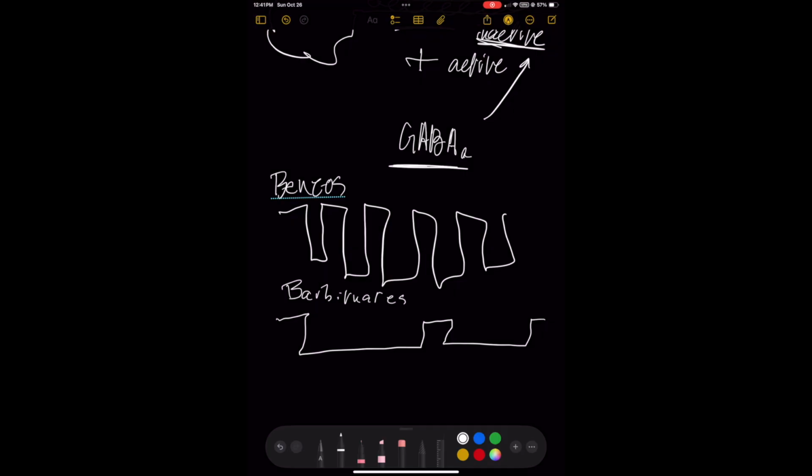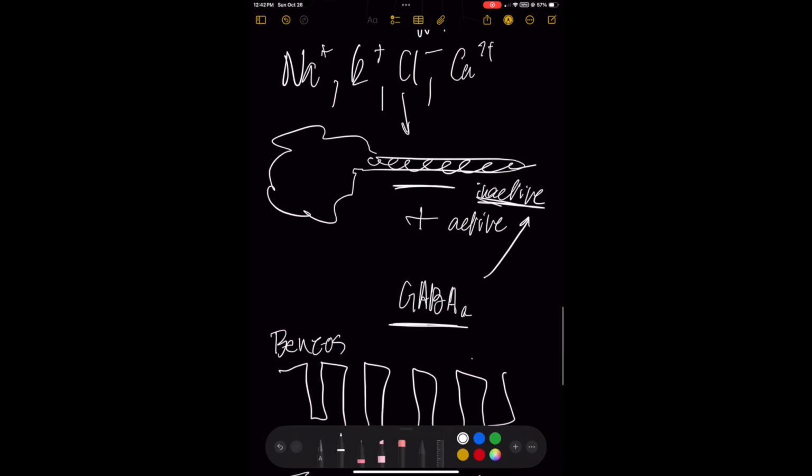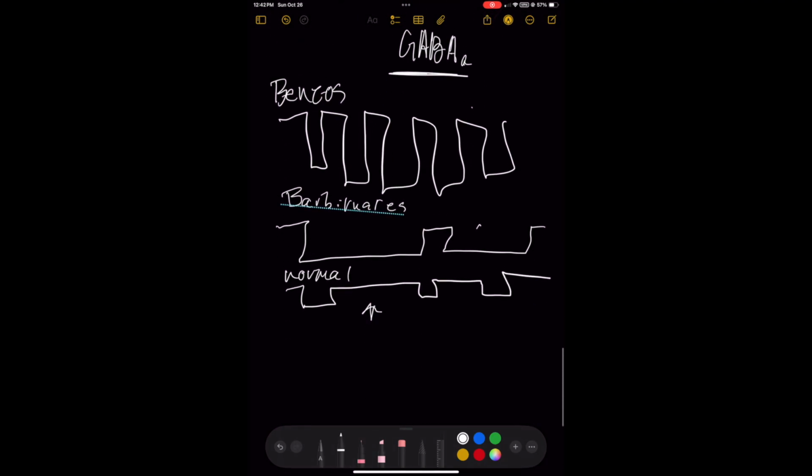And so if a normal one looks like this, so this is a normal GABA inhibitor, or a normal GABA pathway. This is with barbiturates, and this is with benzodiazepines. And so that's how they inhibit the neuron activity within your brain.